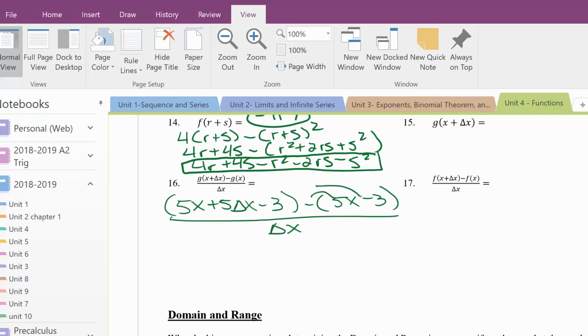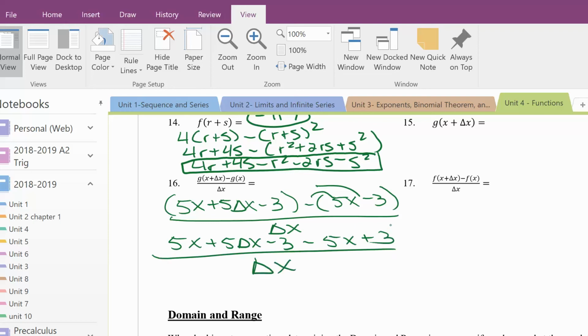So then you distribute the negative. And then you cancel like terms that can cancel out, like the 3 and negative 3, 5x and 5x. So you get 5 delta x over delta x, which is just equal to 5.